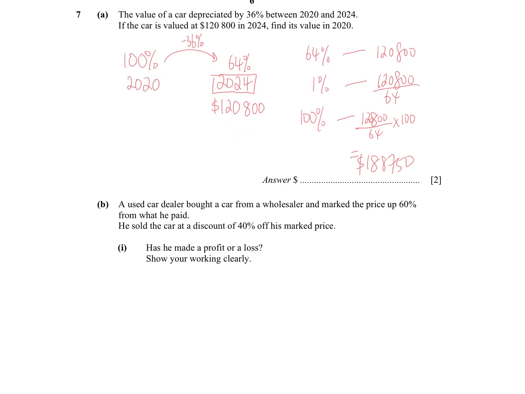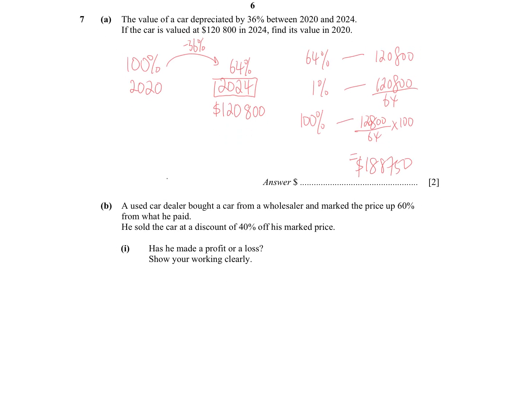Okay, so now let's say this car dealer bought the car at X dollars. Don't know how much, but X dollars. So this is the original 100%. And then he's going to mark up the price by 60%. So instead of the original 100%, now I'm selling it at 160%.